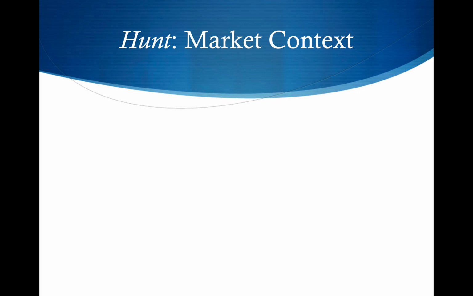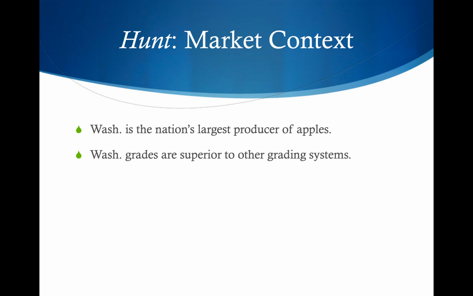So we need to know how apples are usually marketed in order to determine whether there's discrimination going on here. We learned that Washington is the nation's largest apple producer, that Washington has a state grading system, and that the state legislature is heavily involved in regulating the Washington state grading system.